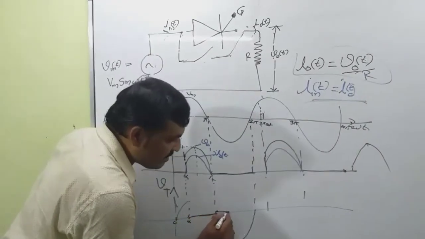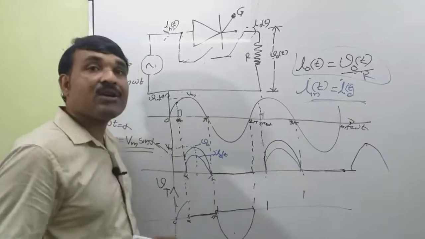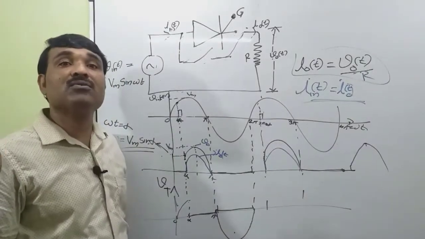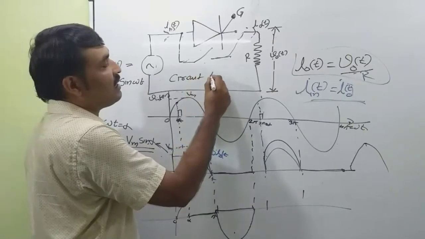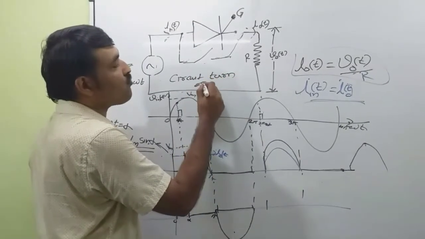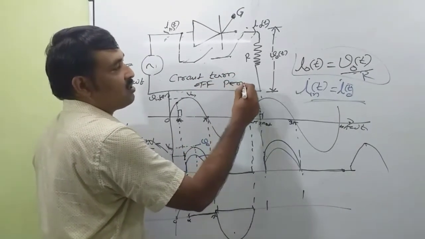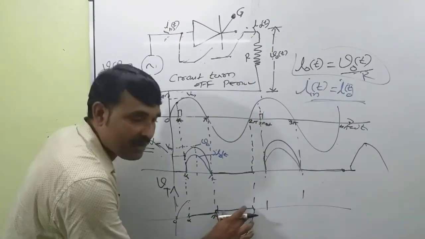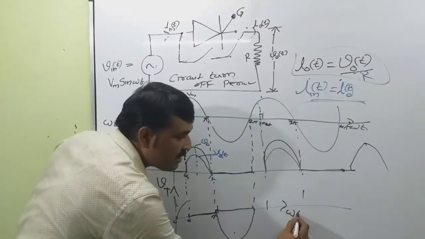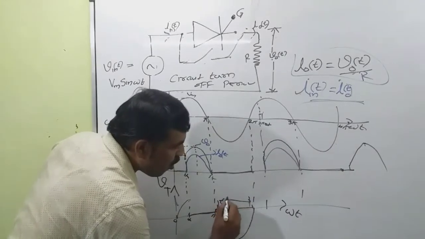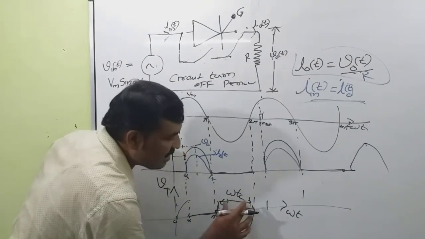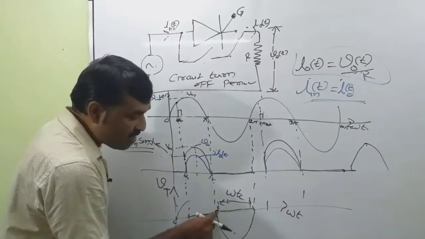This period is called the circuit turn off period of the thyristor, and this is against omega t. We can represent this period as omega tc, and omega tc has the value pi to 2 pi.